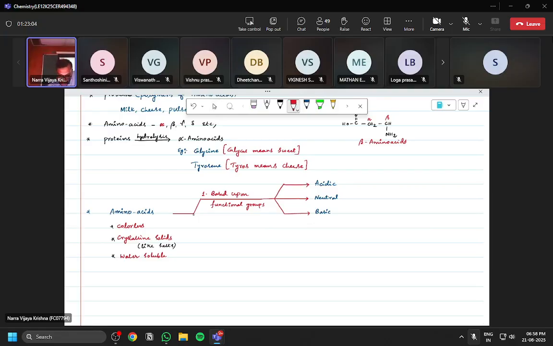Second classification is based upon their availability.